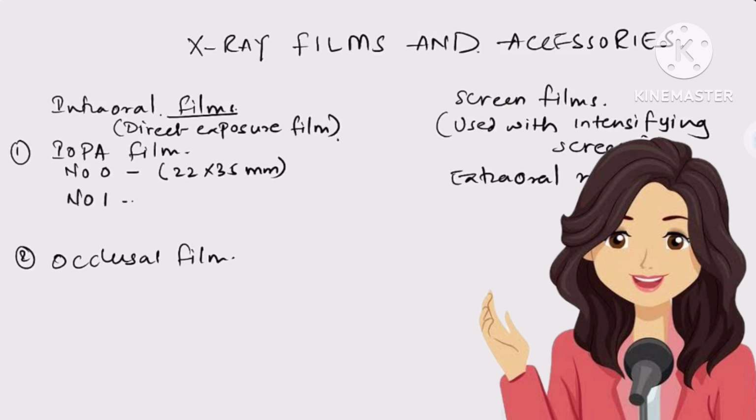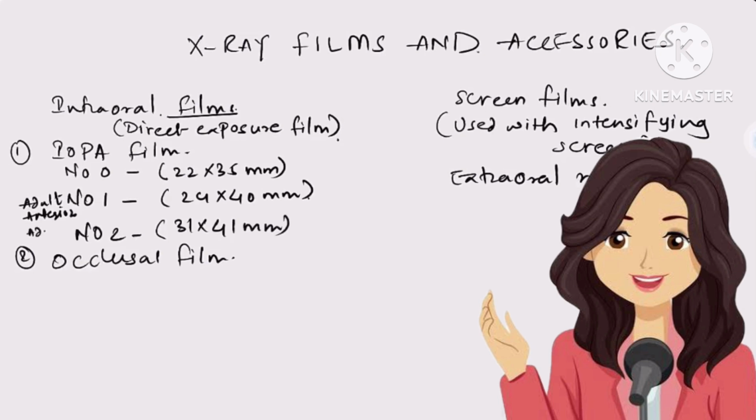Number 1 film is of 24 into 40 mm. It is used for adults and for anterior teeth. Number 2 film is most commonly used. The size is 31 into 41 mm, used in adult posterior teeth. Number 0, we use it for children. Alright, this is about IOPA film.